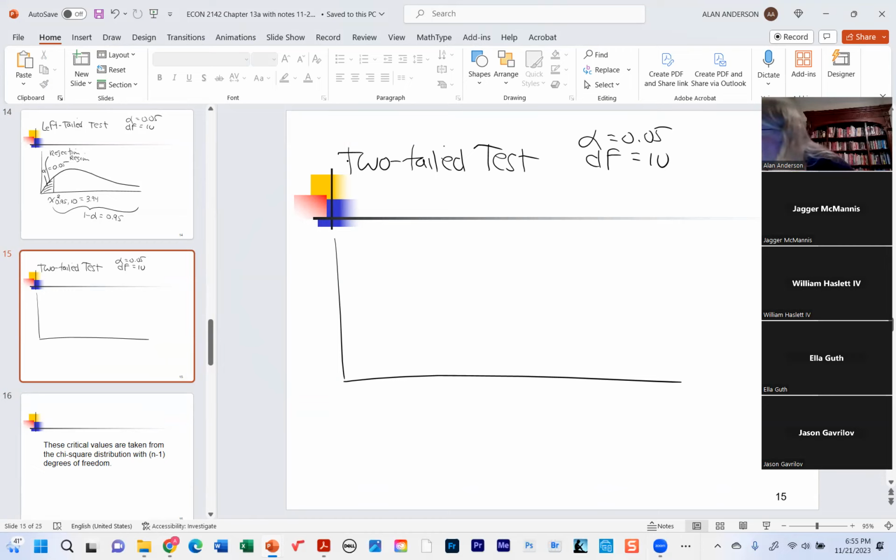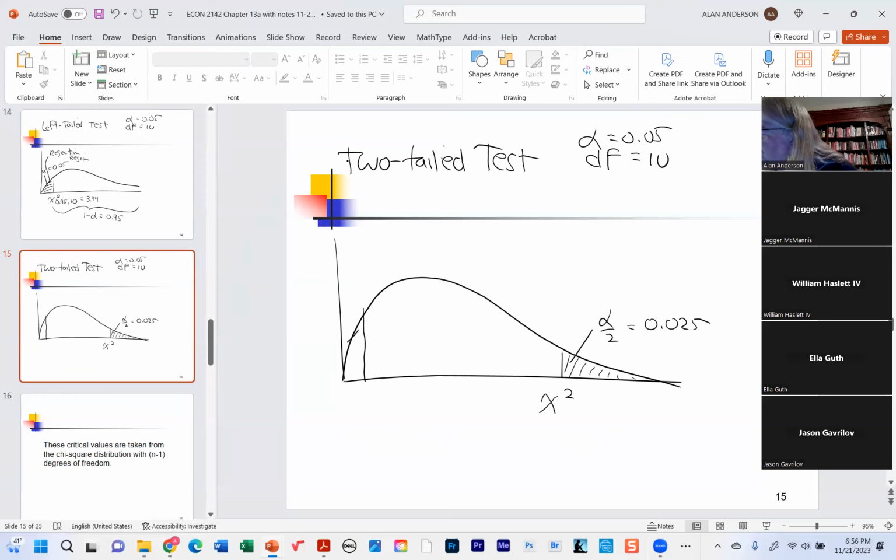So here's how it's going to work. Alpha will be in either tail. Okay, in other words, alpha is the total amount of area in the rejection region. So we split it up. The 2.5% is in the right tail, and 2.5% is also in the left tail.